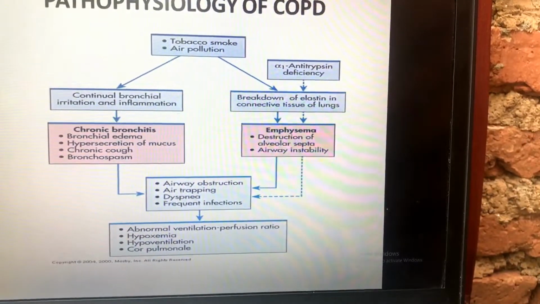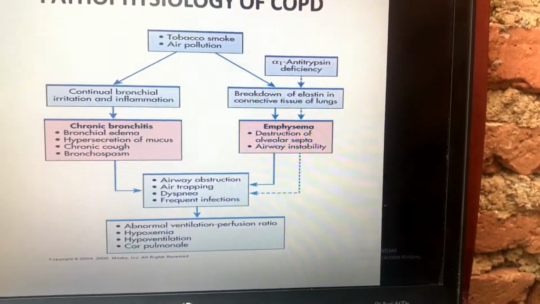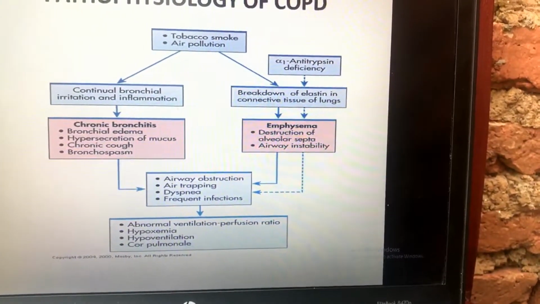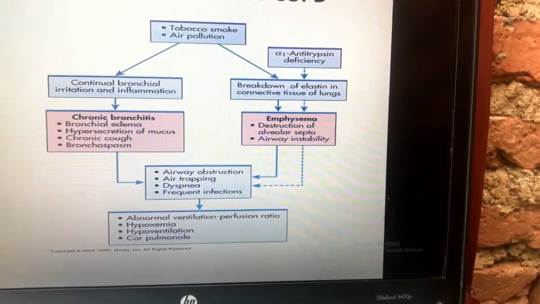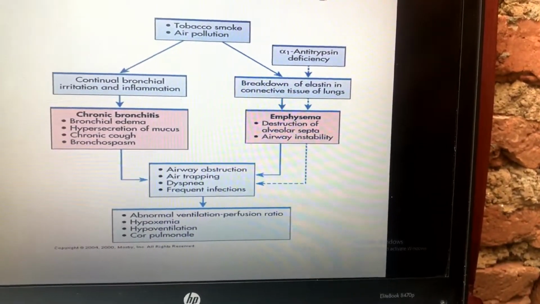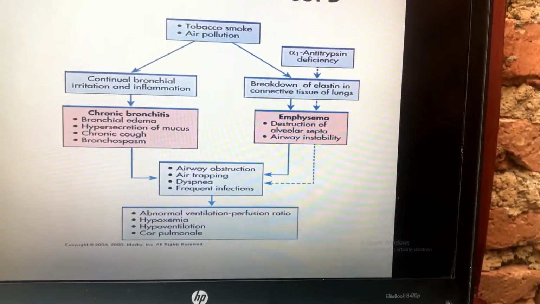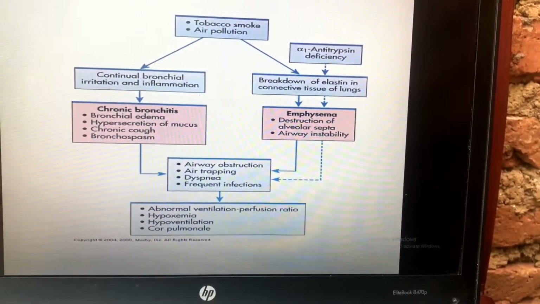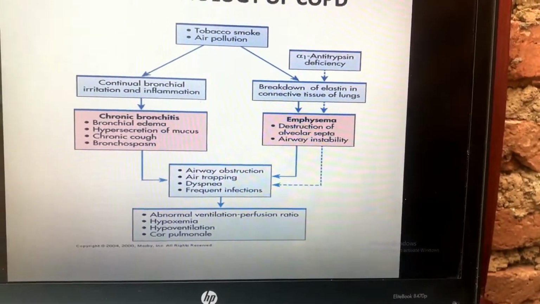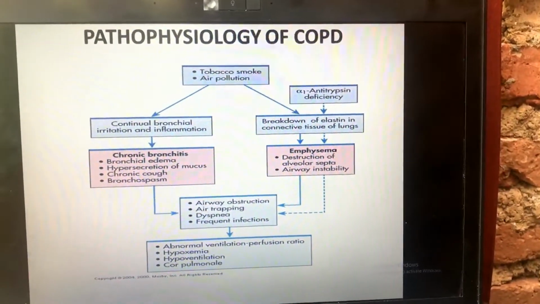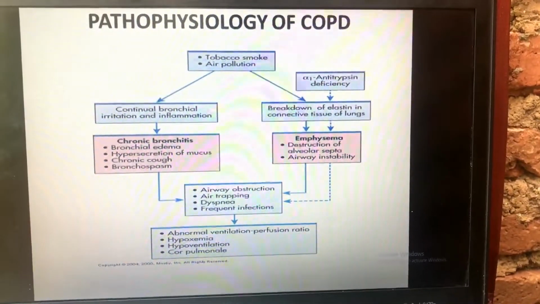Now there will be a breakdown of elastin in the connective tissue of the lung that will lead to emphysema. When we say emphysema, this is a destruction of alveolar walls, airway instability. Emphysema also leads to airway obstruction. This is the same as chronic bronchitis: air trapping, dyspnea, and frequent infection. Now this is a summary of the pathophysiology of COPD.